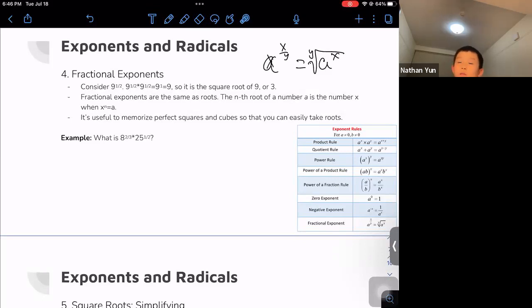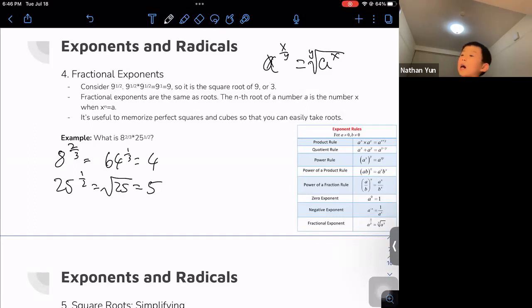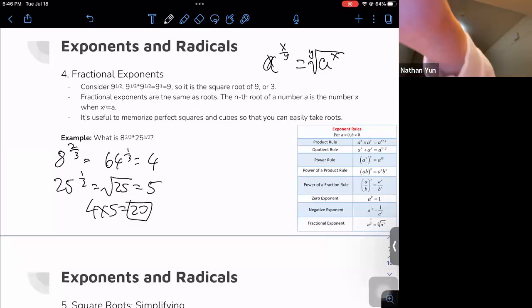And then when you multiply by 25 to the power of 1 over 2, which is the square root of 25, that is 5. And then 4 multiplied by 5 is 20. Good job.